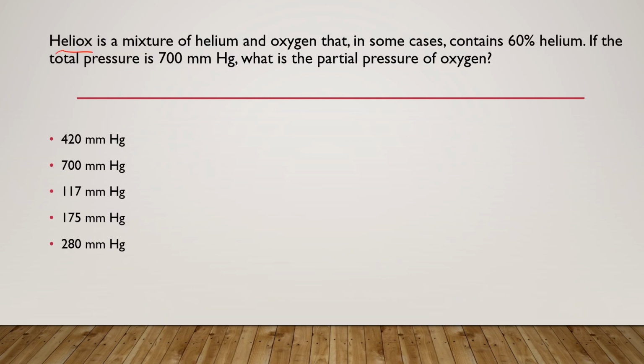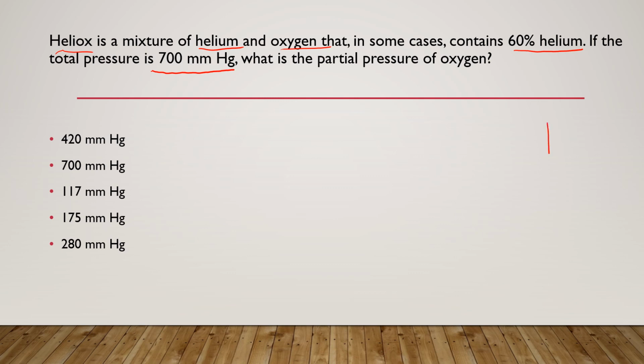Heliox is a mixture of helium and oxygen that in some cases contains 60% helium. If the total pressure is 700 mm mercury, what is the partial pressure of oxygen? Okay, so let's think about it before we figure out the answer.